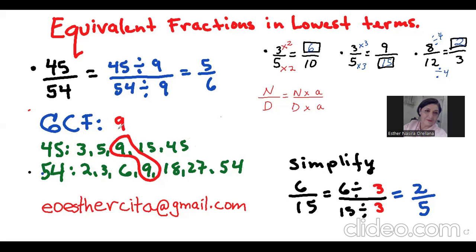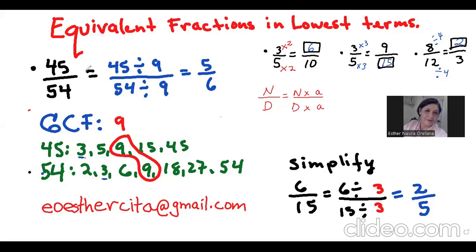But what is the greatest number that is in both lists? I have 3 here, and I have 3 here, but that is not the greatest number. The greatest number in both lists is 9. That is the greatest common factor.